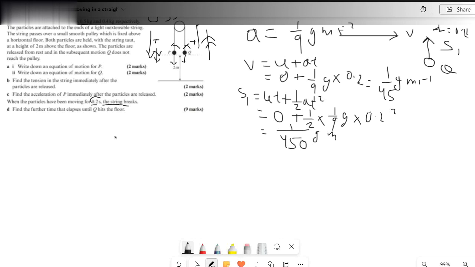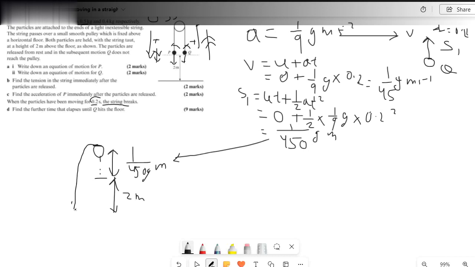So if you consider the full motion of Q, which is something like this, initially it was at this point along with P, which is 2 meters from the ground, and after the string broke, it traveled a distance of 1 by 450 g meters as found out from here, and this is the max height, and then it fell through a displacement of 2 plus 1 by 450 g.